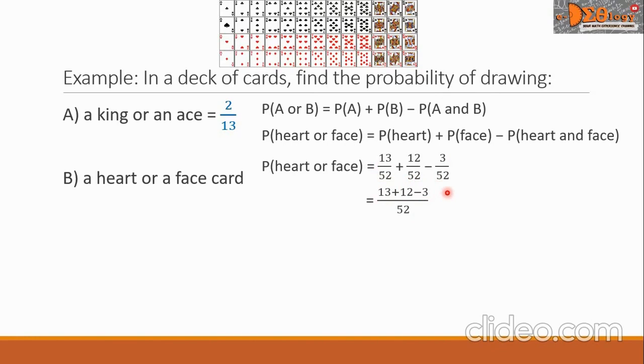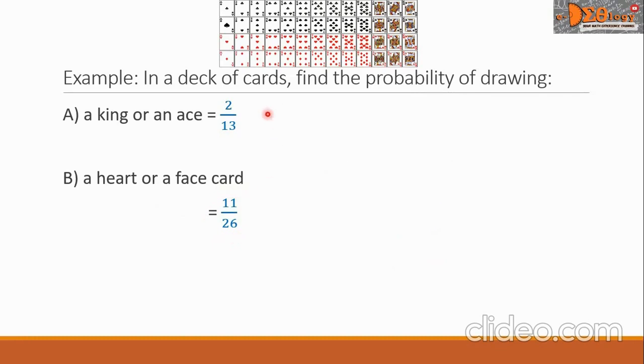When we simplify the numerator, it will be 22 over 52, which is reduced to lowest term as 11 over 26. And this value is our probability of drawing a heart or a face card. And we put our answer below problem B. We are done with our example here. This is our final answer.